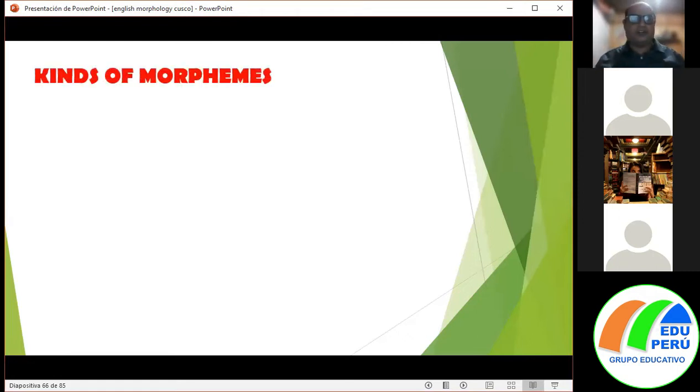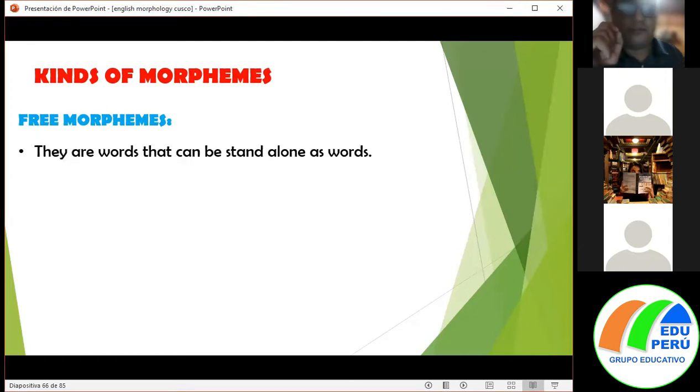So we are going to have two types again. The first one is called free morphemes. As you can see, free morphemes are morphemes that can stand alone as words. They don't need another part to appear as a word.